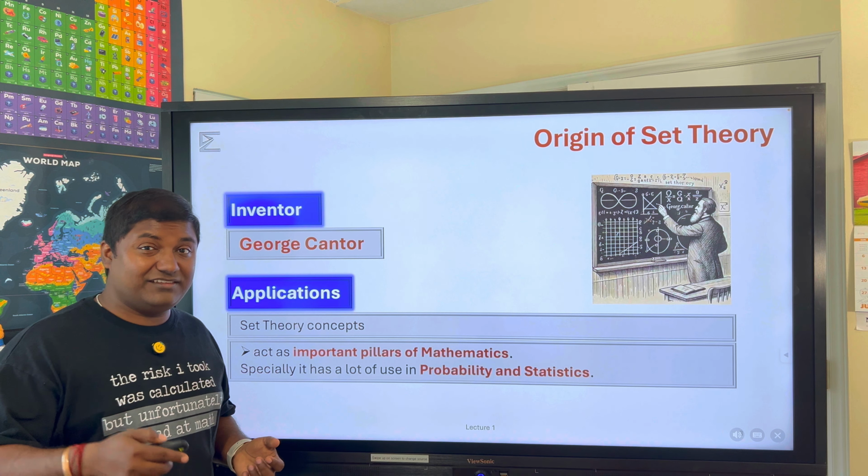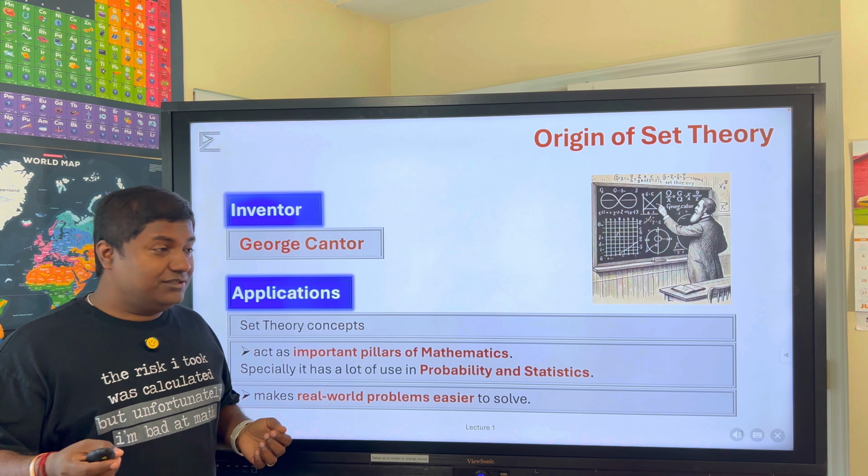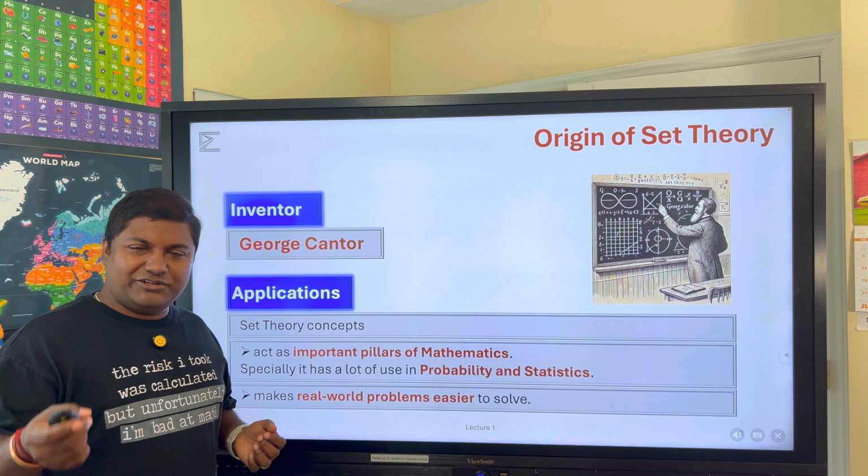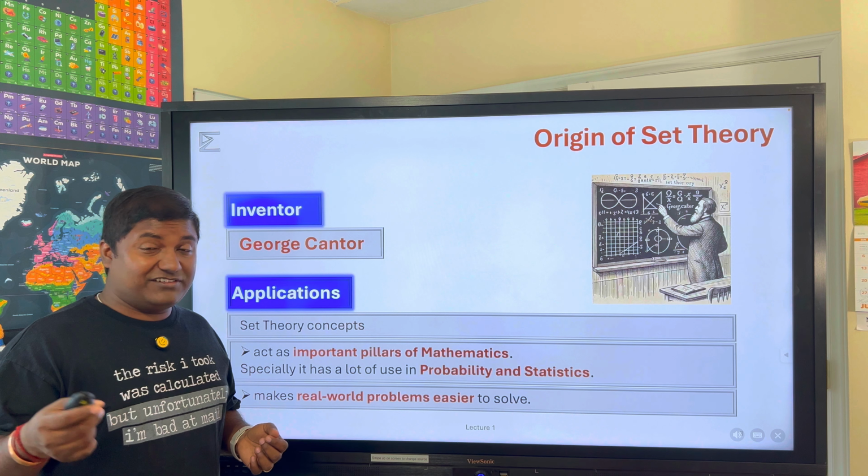Also, it makes real world problems easier to solve. Currently you are probably in class 11 or 12, and a few years after now you'll be in undergraduate or postgraduate. At that time you will be appearing for competitive exams like railway or banking, etc. There you will find that on those competitive exams there will be a lot of problems. If you use set theory concepts, those problems become easier to solve. So that's why this chapter is going to be very important for us. It will help us in the future as well.